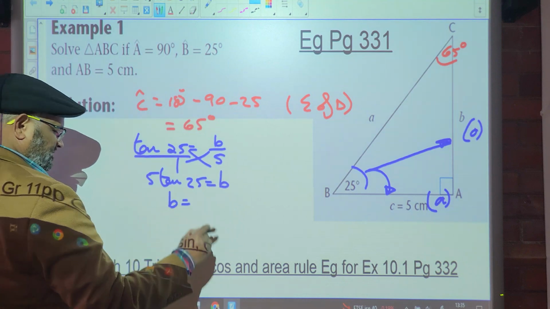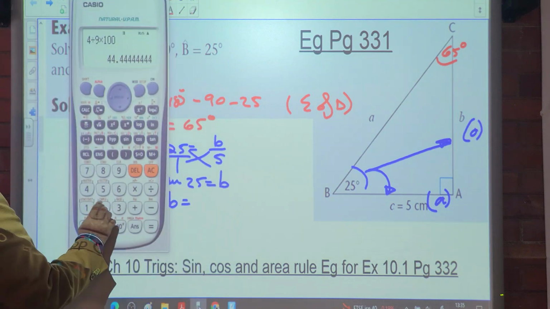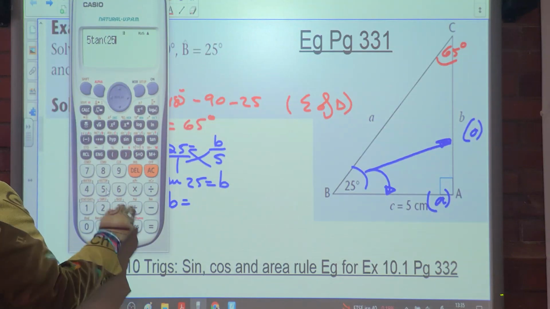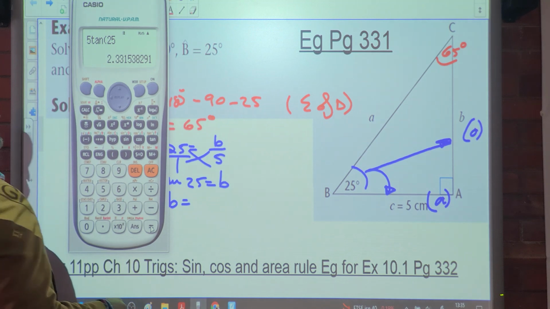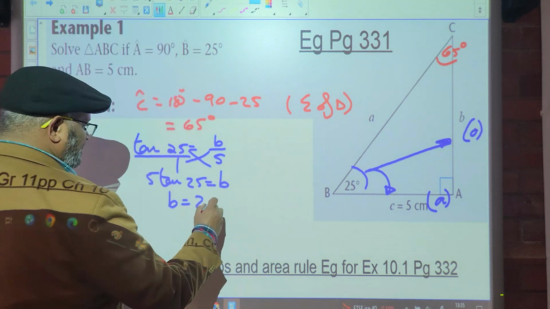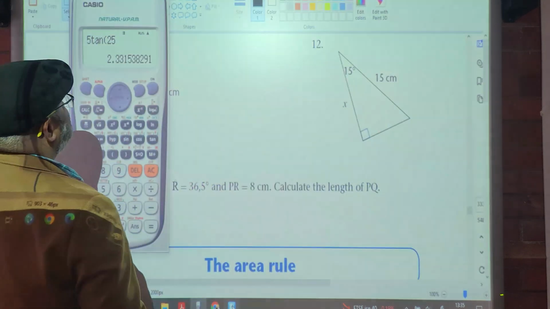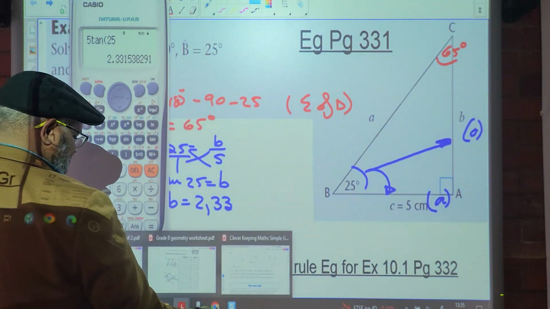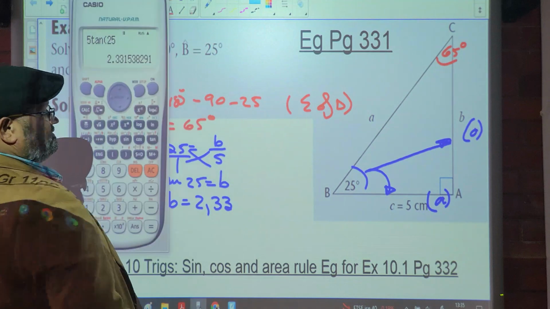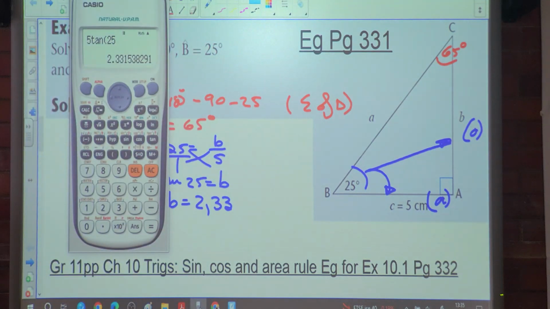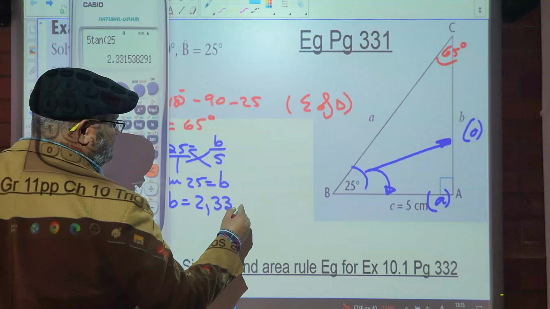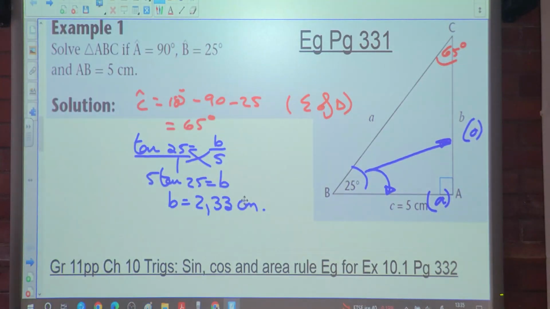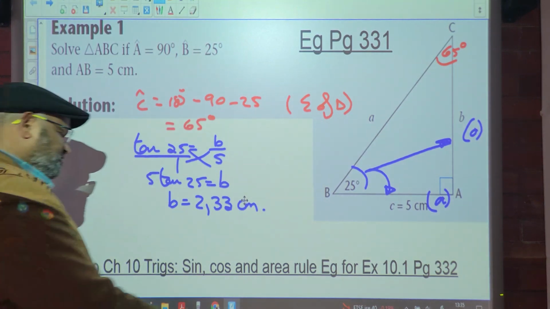So b works out to be 2.33. As you can see, the length is given for C, so this I can also fill in here now.